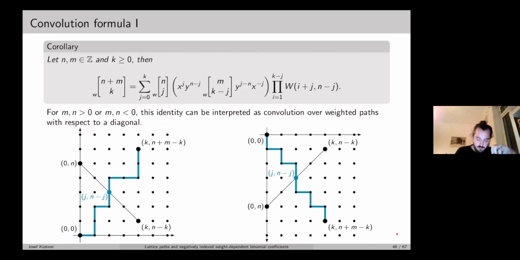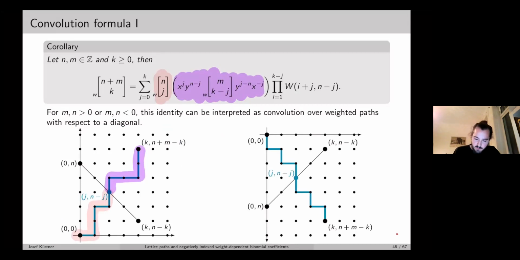So what we do is, at first, we take a path that goes from 0, 0 to j, n minus j, which is here in the sum and here in the path. Then we have this m choose k minus j, which corresponds to this path here, with these x's and y's here in front and after. This just means that the weights are shifted. Not so important for now.